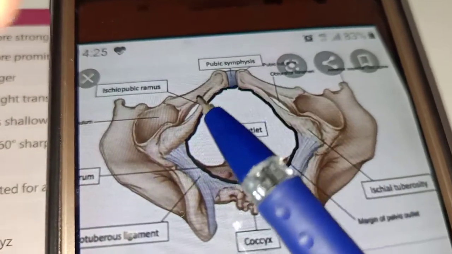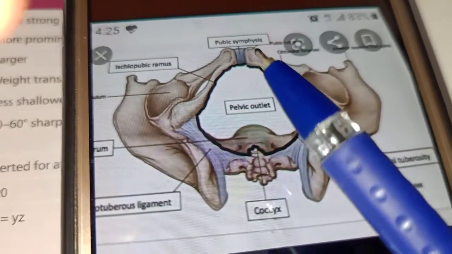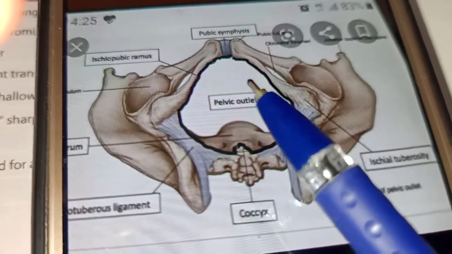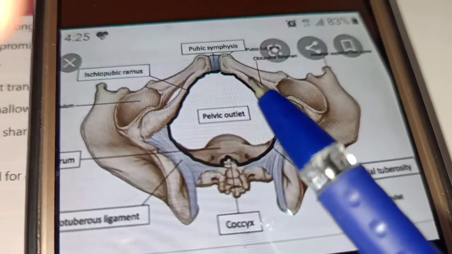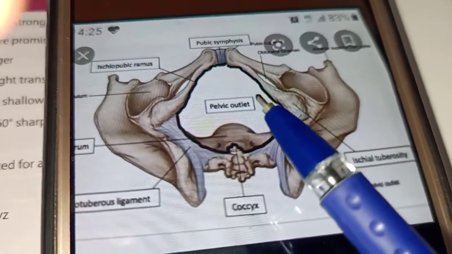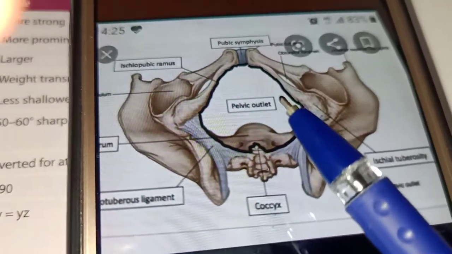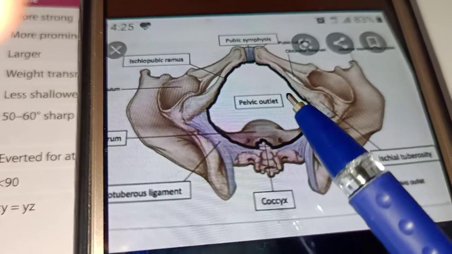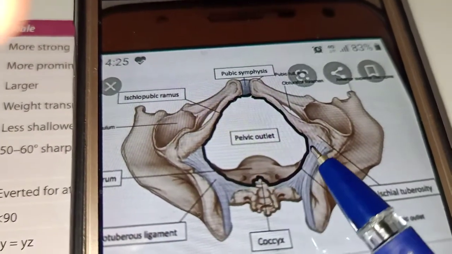Now this forms the boundary of the inferior pelvic aperture. We had the superior pelvic aperture, that is the pelvic inlet. Then there would be the pelvic cavity where the structures are present: the female or male reproductive organs, the urinary bladder, the rectum, and then comes the pelvic outlet.